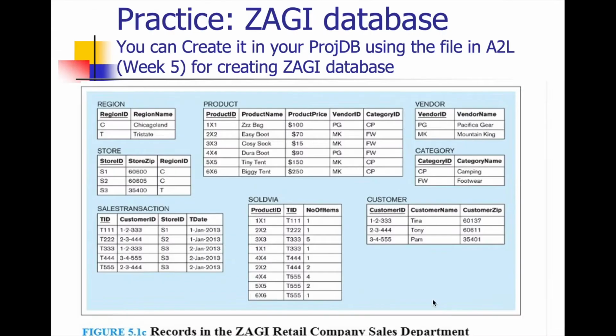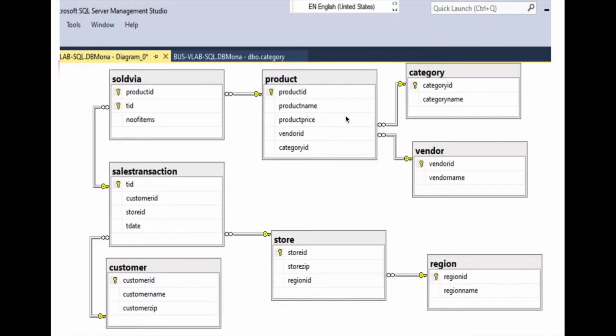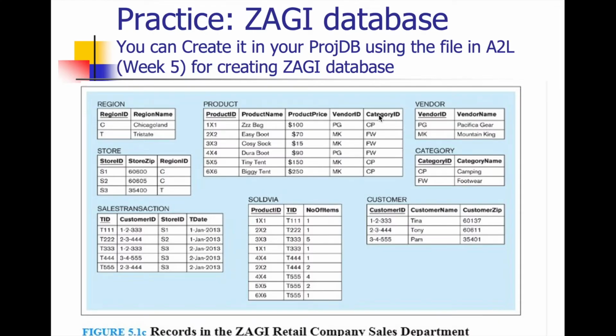So the answer is no, because the product table has two columns, vendor ID and category ID. These two columns are foreign keys here because they are referencing other tables. For example, vendor ID is referencing vendor ID in the vendor table, and category ID is referencing the category table.